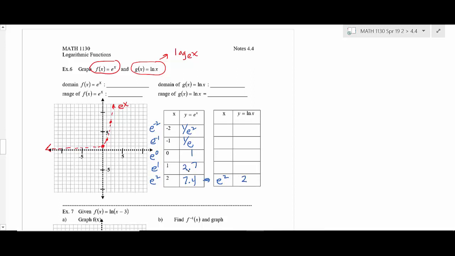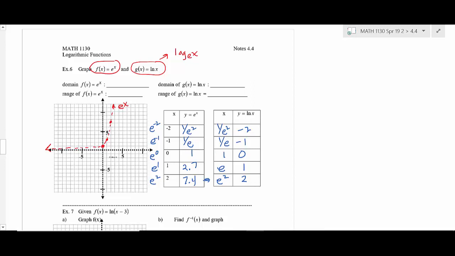The next one will be 2.7, or e, and 1. Then the next one will be 1, 0, and then 1 over e, negative 1, and 1 over e squared, negative 2. Okay, you know they're inverses. That's the idea. So if we plot those points, then we would get a pretty accurate graph.